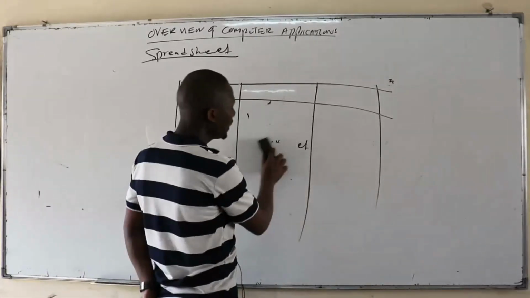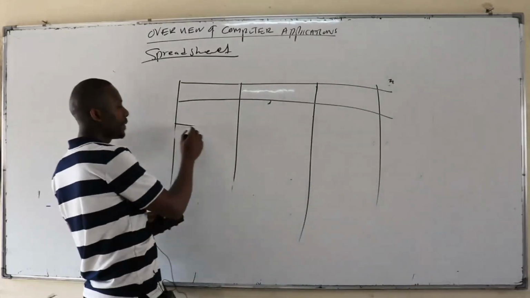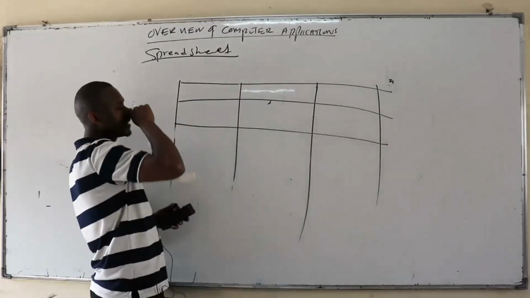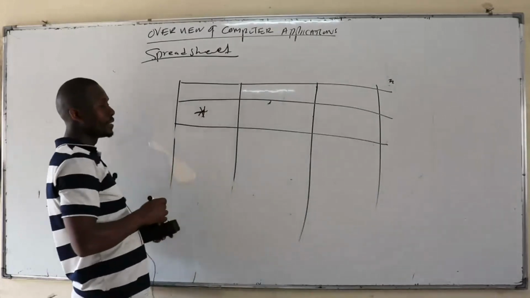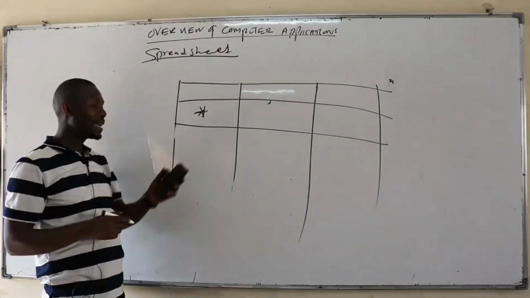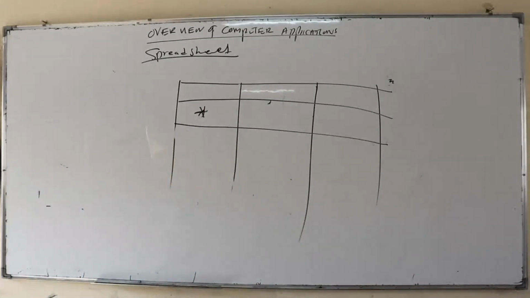That is in cells. You can validate what a cell should carry, such that when the user tries to enter wrong data, the program automatically detects and rejects that data. You can only enter data that is validated, that is allowed for that specific cell address. So that is another advantage of electronic spreadsheets.